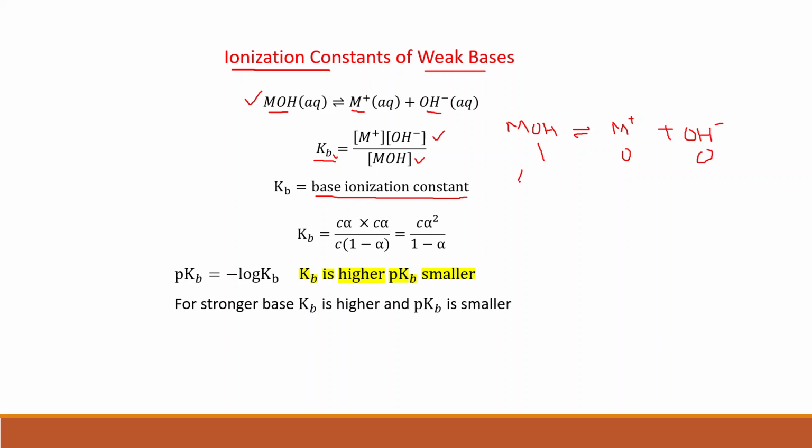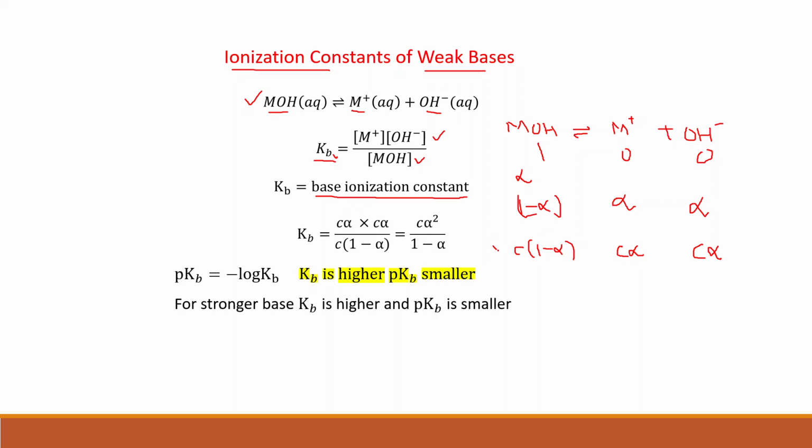If alpha is the degree of ionization, then at equilibrium MOH remains 1 minus alpha, M+ is alpha, and OH- is alpha. If C is the concentration, then the equilibrium concentration of MOH is C(1 minus alpha), the equilibrium concentration of M+ is C alpha, and the equilibrium concentration of OH- ion is C alpha.